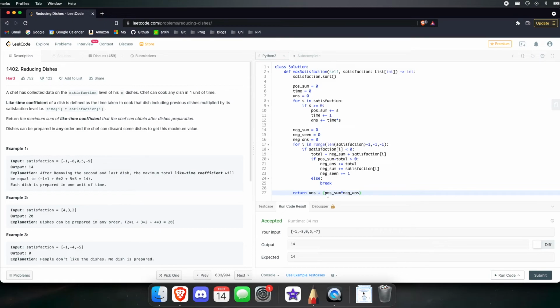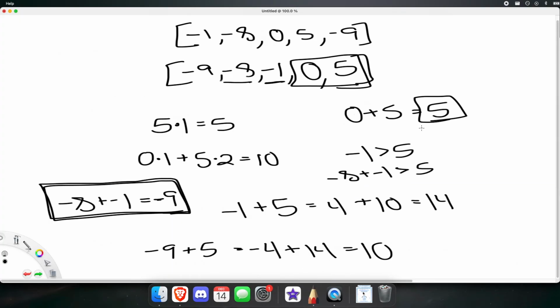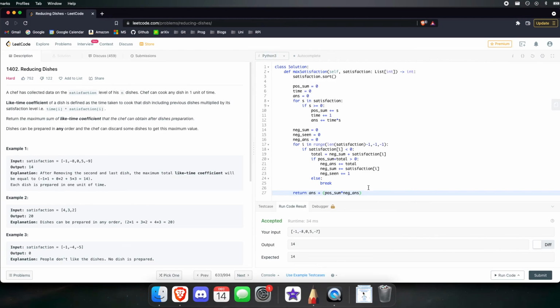Because remember, in this case, positive sum is 5, and we're multiplying by the amount of negative numbers, because every time we're cooking a dish that has a negative satisfaction level, we're adding this positive benefit factor. So that's why we're doing this arithmetic right here.